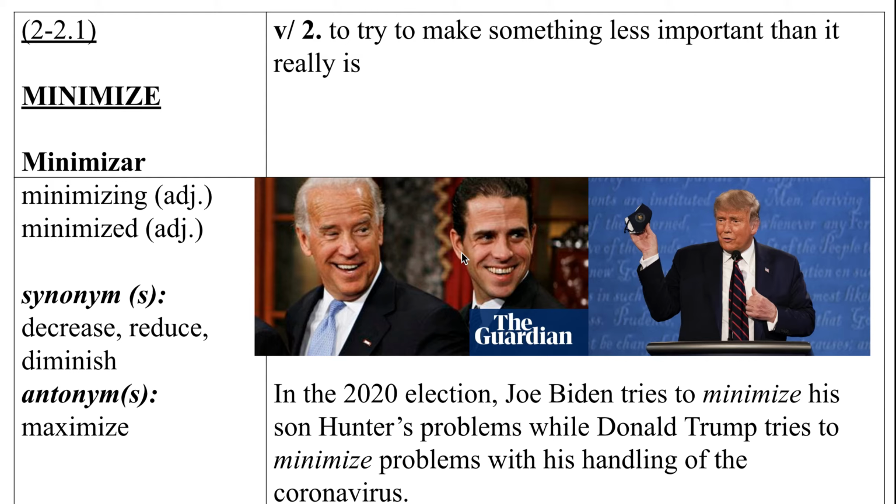So this is often if somebody is in trouble for some reason, but they don't want the public to think that they're in trouble. So an example of that would be politicians. If somebody is attacking them for something, they don't want the public to pay attention to that.